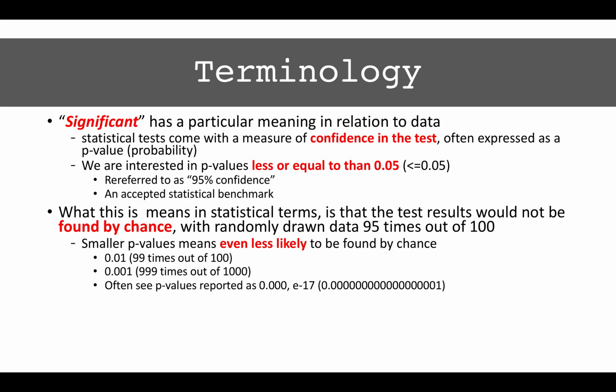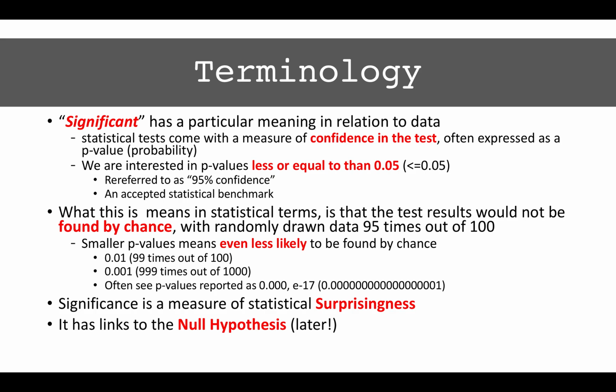A 0.01 p-value tells you that it wouldn't be found by chance 99 times out of 100, and 0.001 is 999 times out of 1,000. And we often see p-values reported as 0 or as e to the minus 17, which means that there are 17 zeros after the decimal point, and that it's extremely unlikely.